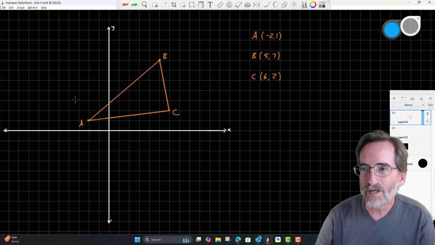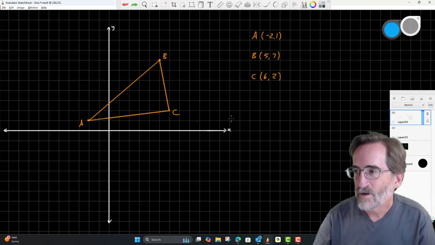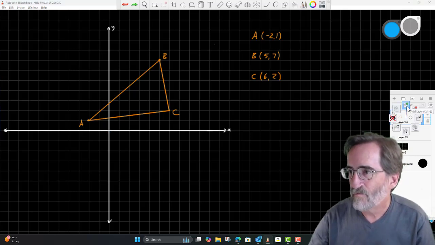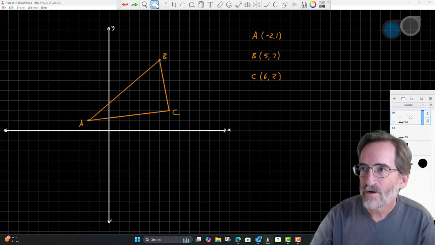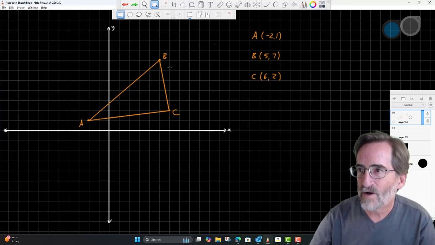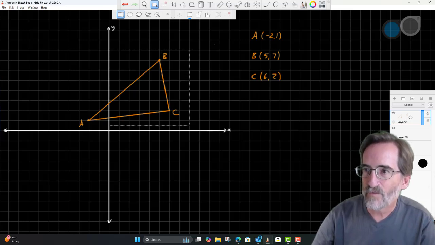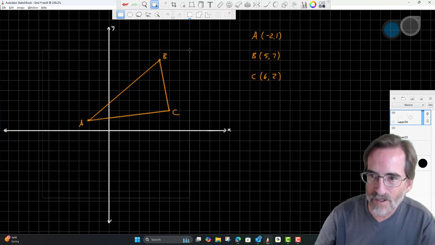In this case, I'm going to rotate 90 degrees about the origin. Think of putting a pin in the origin here. Before I do this, I want to take a picture of this. I'm going to make a square that goes from (8, 8) to (-8, -8), so that the origin is right in the middle.